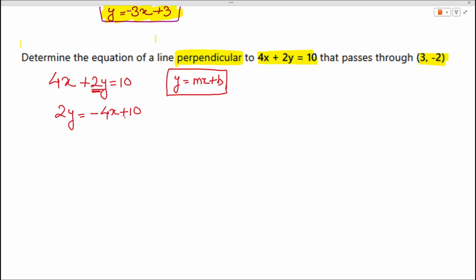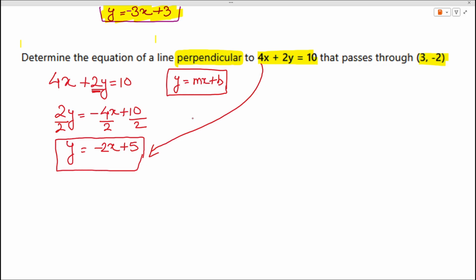And now to get the value of y, we'll divide the whole equation by 2, for which we get y is equal to negative 4 over 2, which is negative 2x plus 5. We have been able to write this equation in y is equal to mx plus b form.